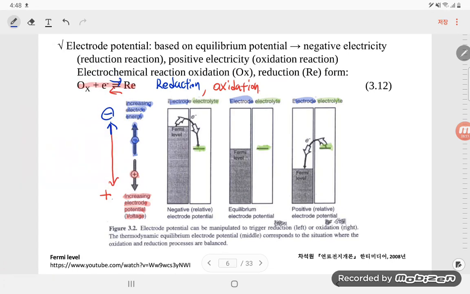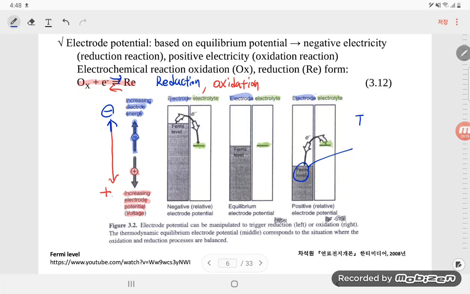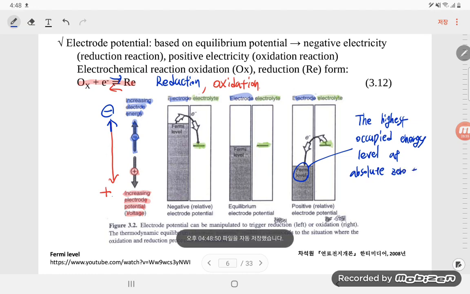And the meaning of the Fermi level is the highest occupied energy level at absolute zero temperature. That means 0 Kelvin. That is the energy state of the electron in the specific electrode.